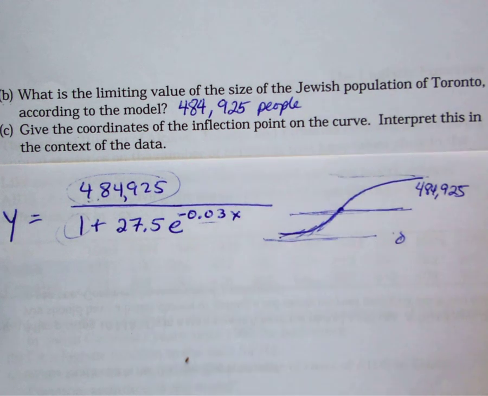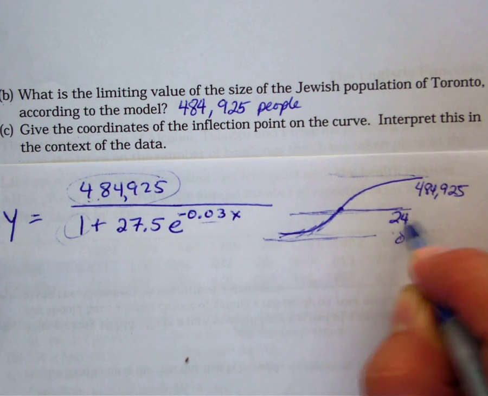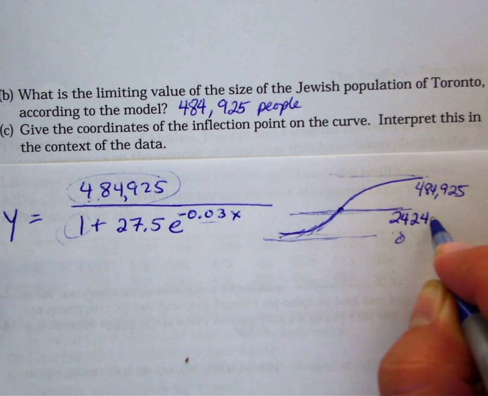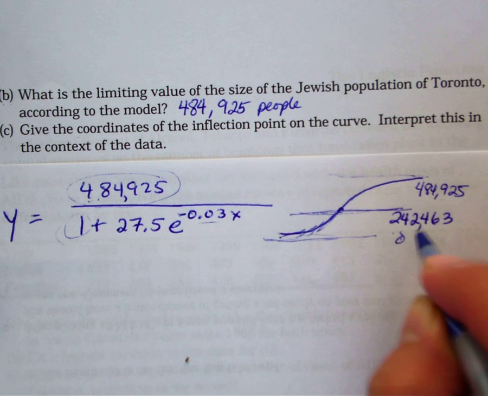So we're going to just divide that by 2. And we're going to get about 242,463. So this is our y value.